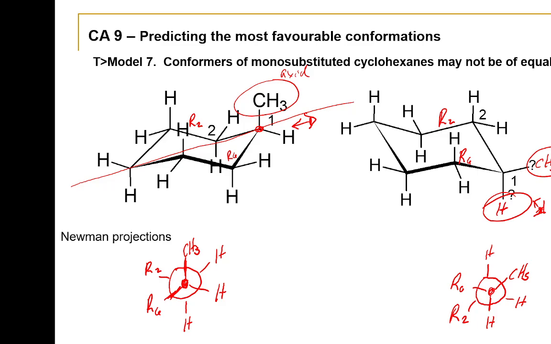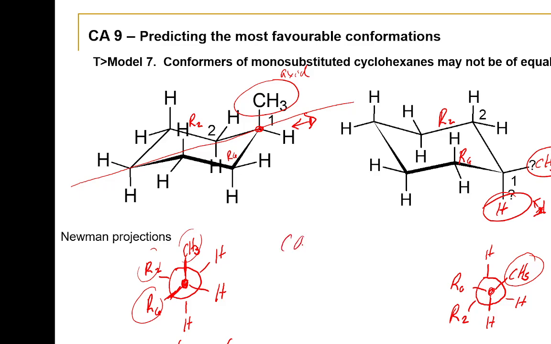What about steric strain? Do they both have the same steric strain? Which one has greater steric strain? Yeah, the one on the left, right? You've got more of the bigger groups closer to one another. You've got more steric strain. Whereas over here, the CH3 group is sandwiched between two hydrogens.